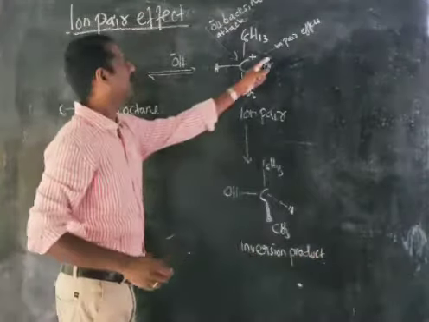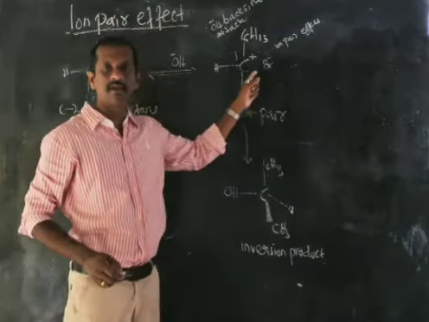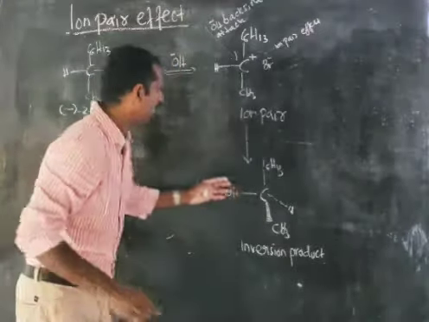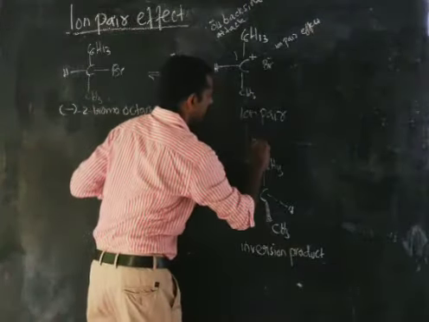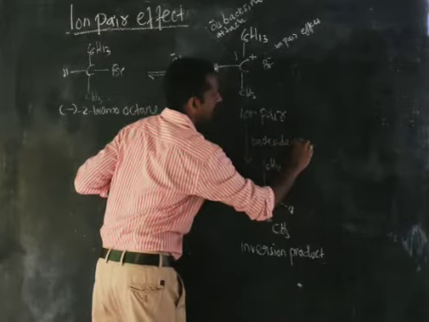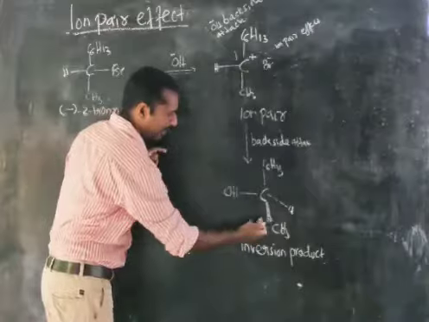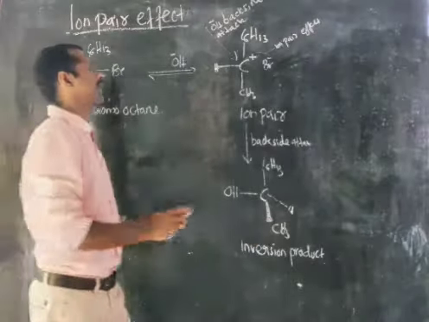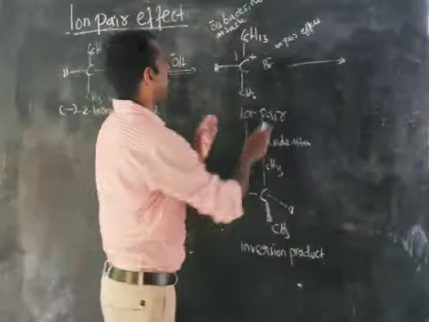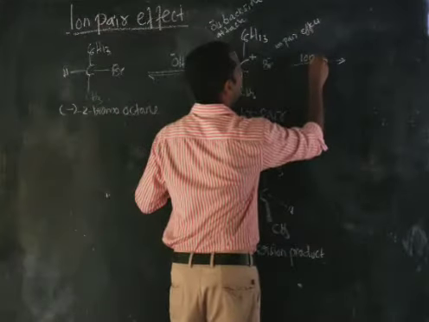So as long as the ion pair effect is existing, only the inversion product we are getting. That means only backside attack of the nucleophile is possible. Now after a shorter period of time, there will be ion pair dissociation.